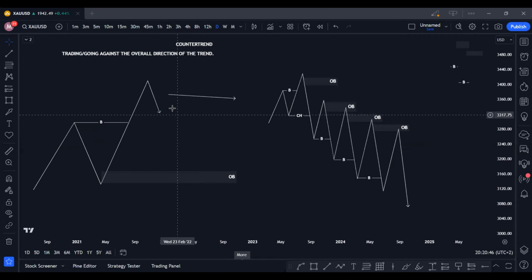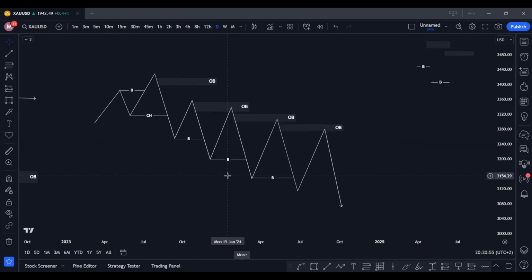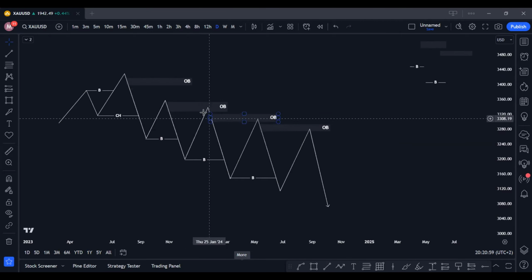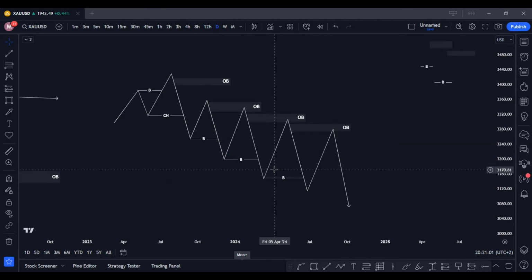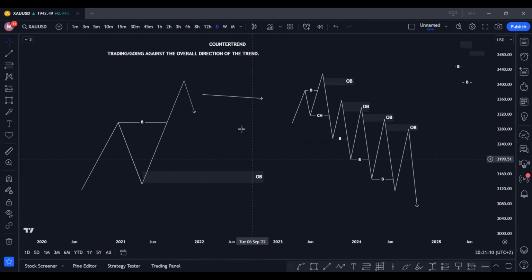For instance, here when price is pulling back to our higher time frame order block, okay? So now you can implement the counter trend and the pro trend within your counter trend, okay? I know that sounds a little bit confusing, but just bear with me, okay?